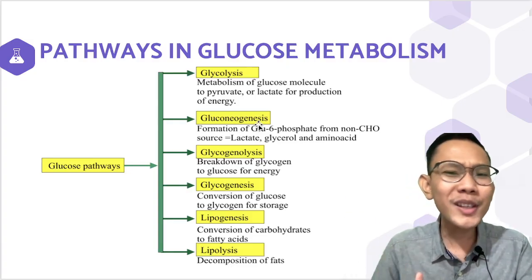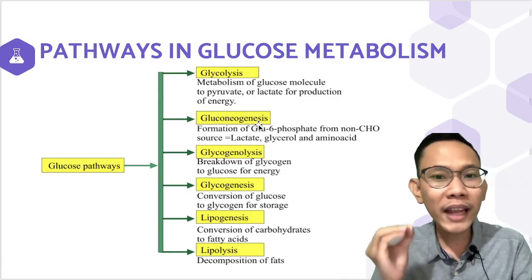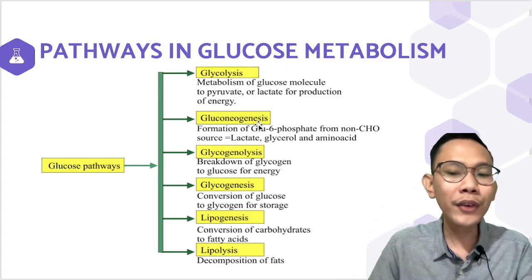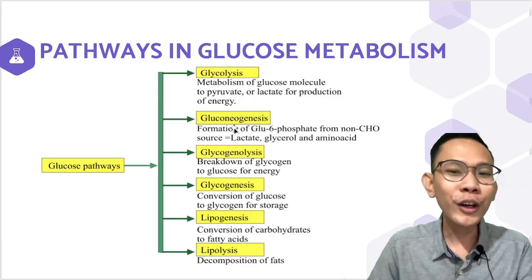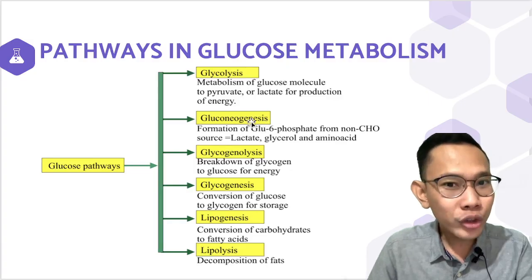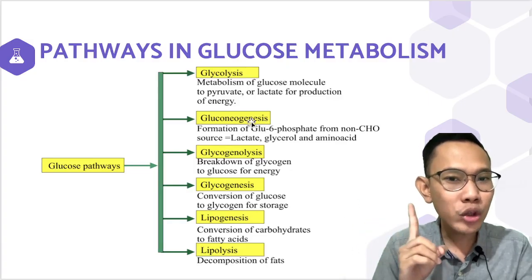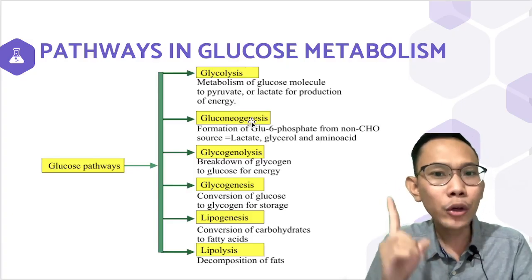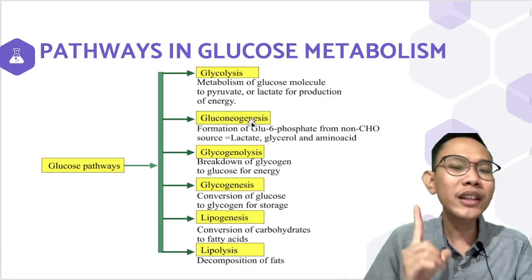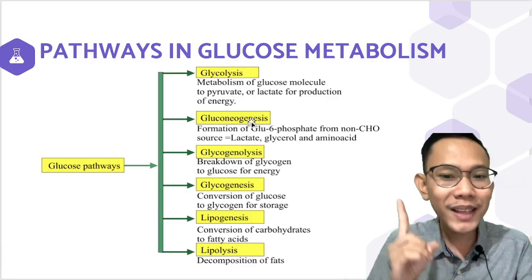Pag wala ka ng source ng glucose, of course, it will get another source of glucose, either amino acid, glycerol, or your lactate. Again, gluconeogenesis is the formation of glucose from a non-carbohydrate source. Therefore, you form glucose because kulang ang ating glucose. Therefore, this is during your fasting state.